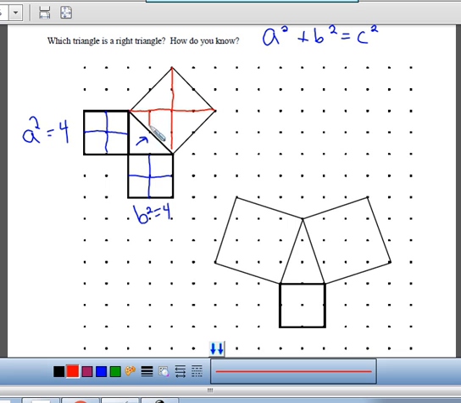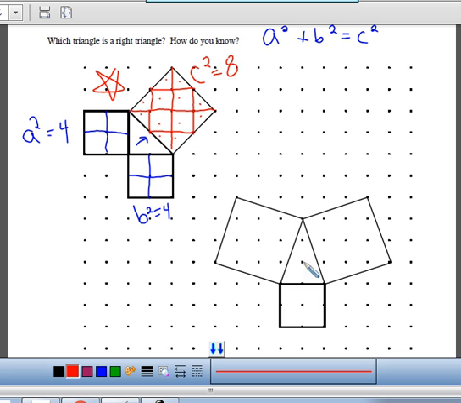And then I'm actually going to finish connecting all the other dots the way that they were intended. And what you see is 1, 2, 3, 4 in the middle, and then 1, 2, 3, 4, 5, 6, 7, 8 halves. But 8 halves is another 4. So c squared is equal to 8. So this is the right triangle.